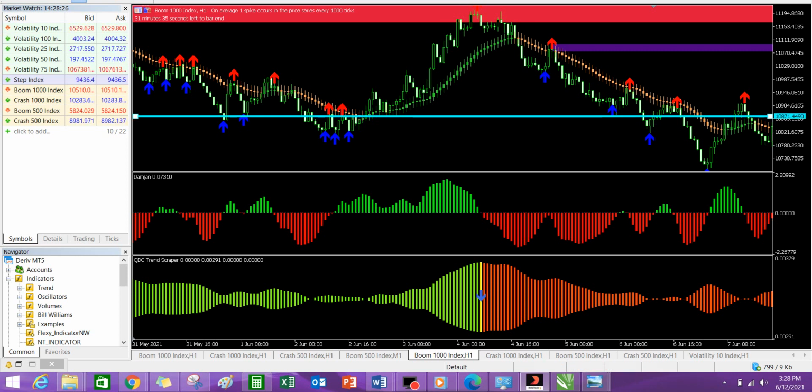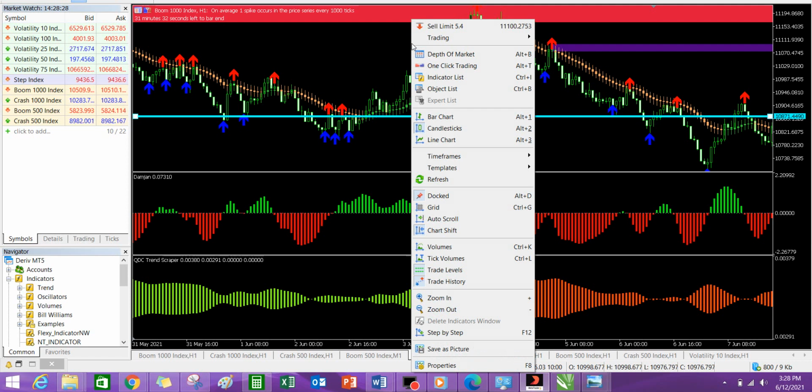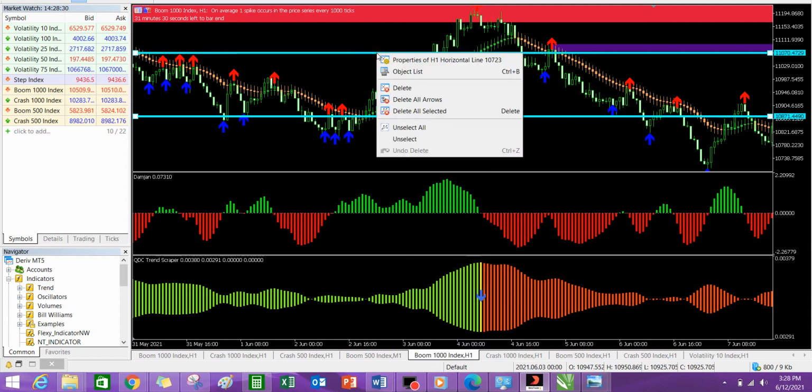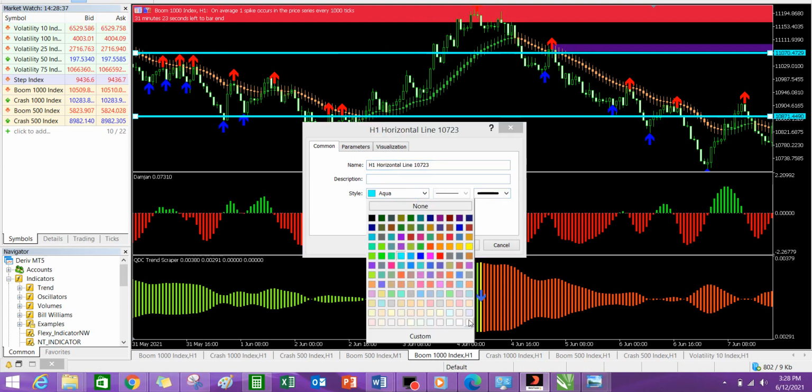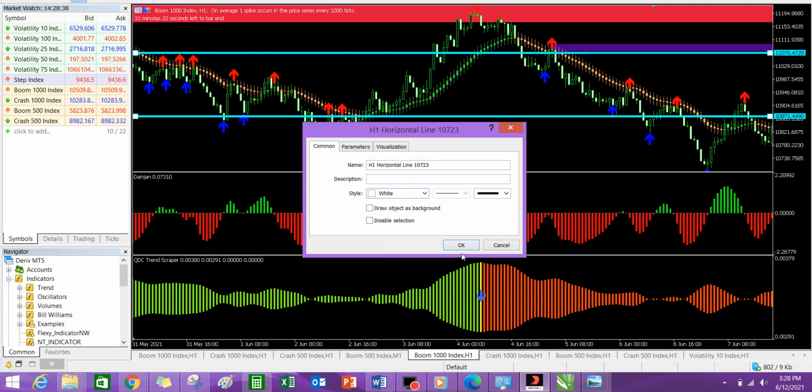I'm going to introduce some horizontal lines and change the colors. We're going to have white and we're going to have red.